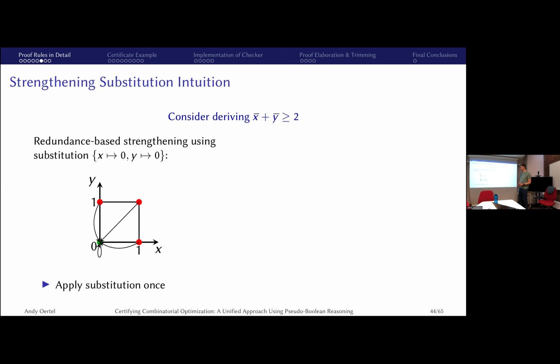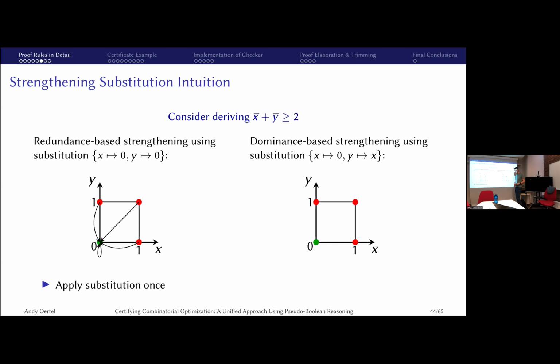However, in dominance-based strengthening, we could have a substitution that says something like x maps to 0 and y maps to x.